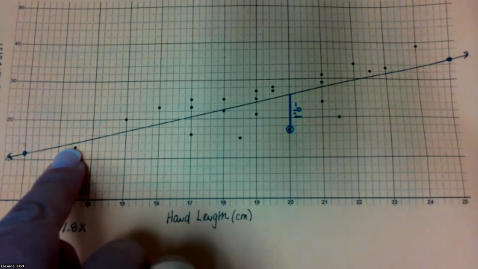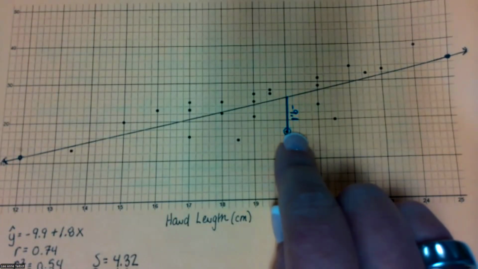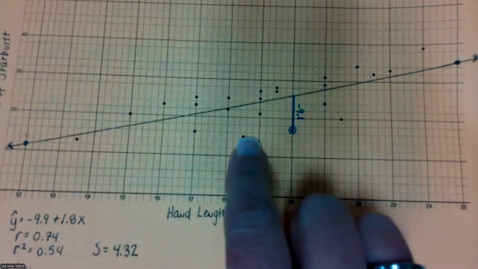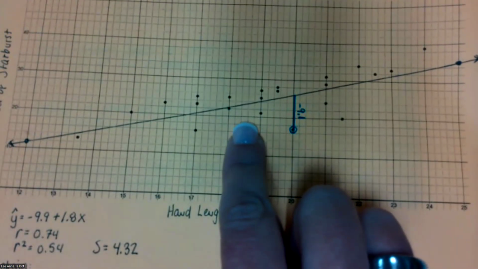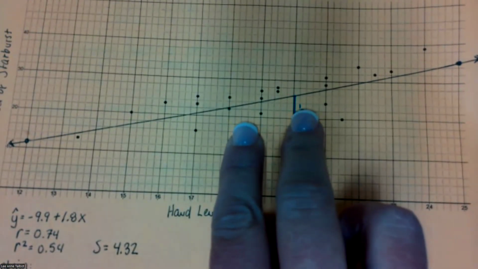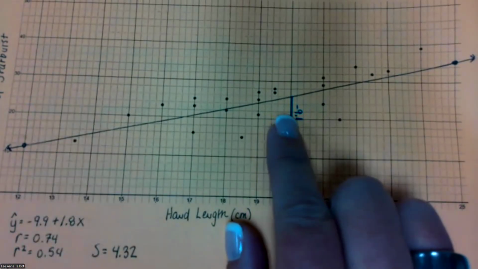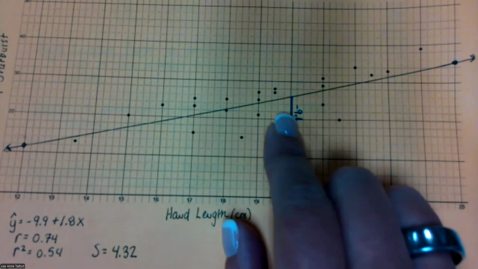Whoever this person is, I think I have the biggest residual. This is me. Whoopsie. So maybe this one, we might be close to the same, but anyway, I'm going to talk about, in that class, what would happen if I removed this point and what would happen if I removed my point, which is an easier conversation than ours.